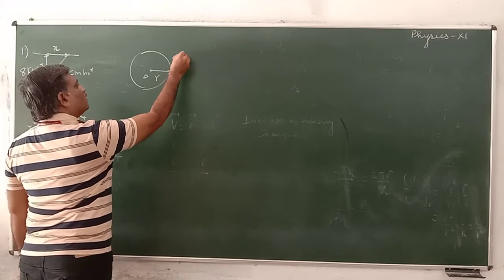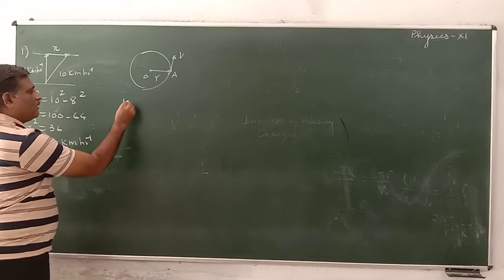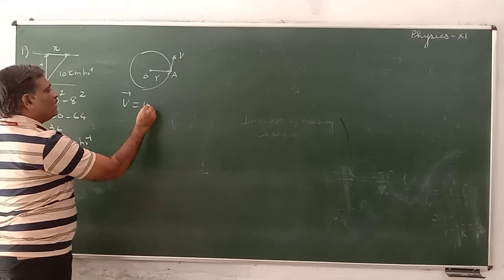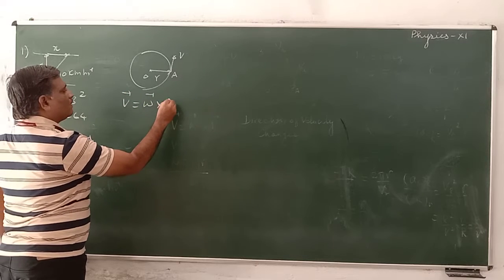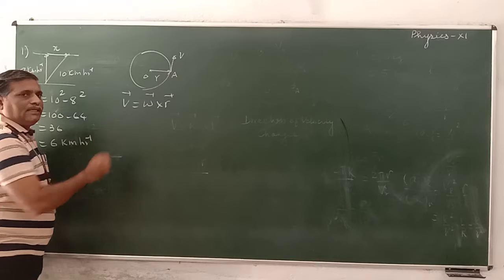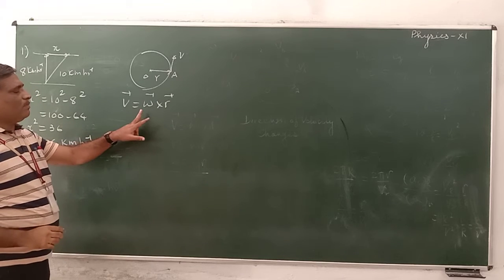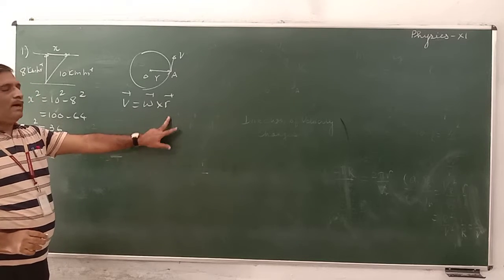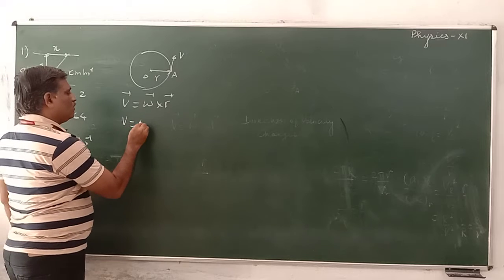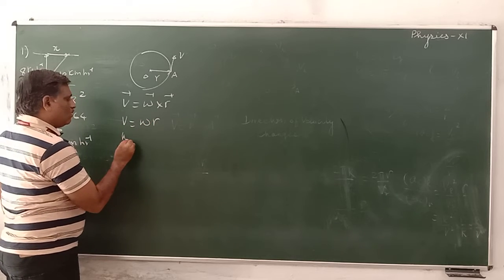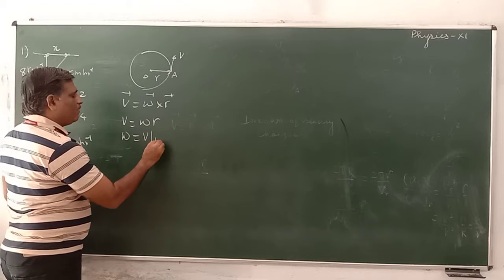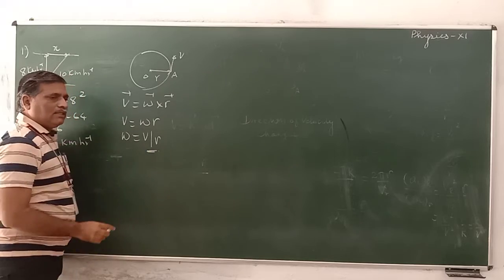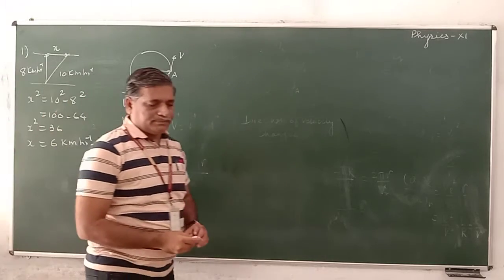This is velocity. We know the relation between v, omega and r: linear velocity is the cross product of omega and r. So v is equal to omega r, omega is equal to v by r. This is the right option.